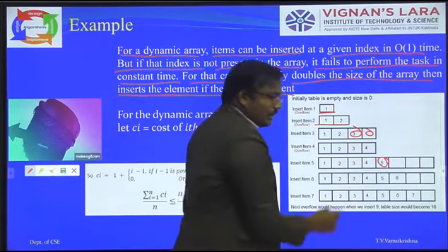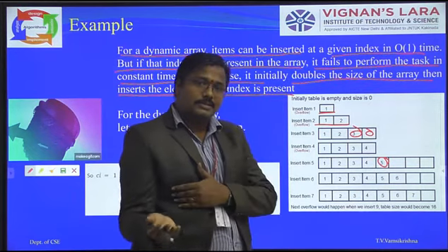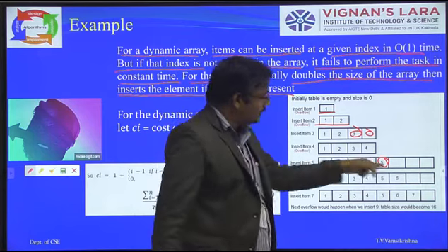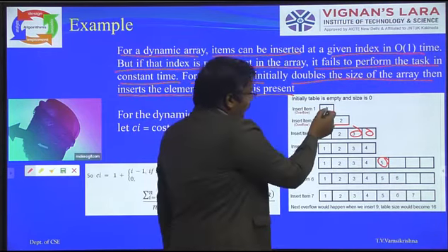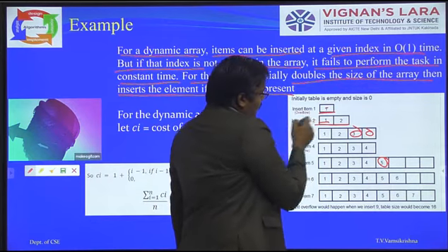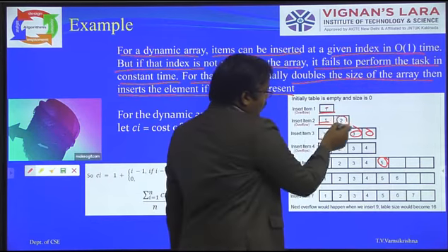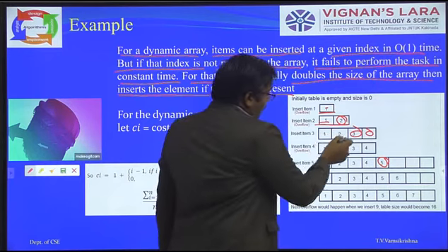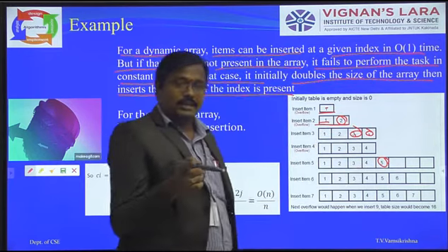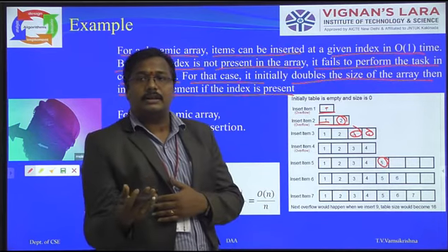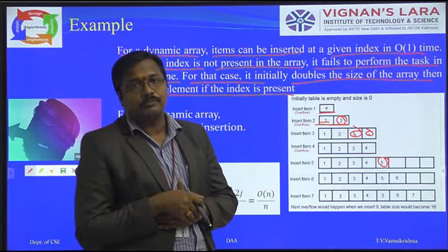But when we insert the next one, we need to double the size again. That's why 4 locations are mapped into 8 locations. So for element 1, it takes 1 unit of time, element 2 takes more time, but elements 3 and 4 take 1 unit of time. When we insert the 5th element, again it takes more time.